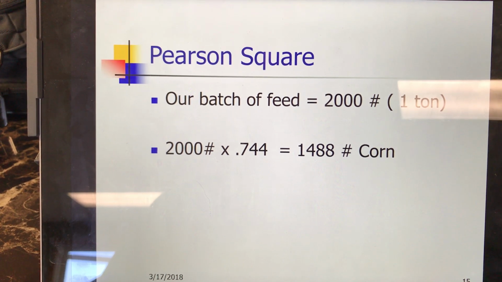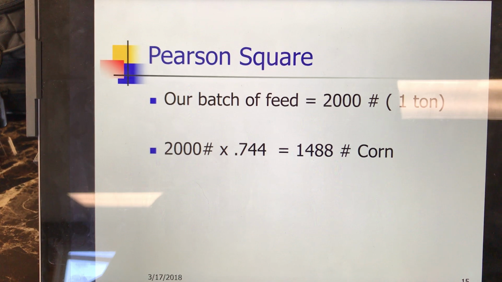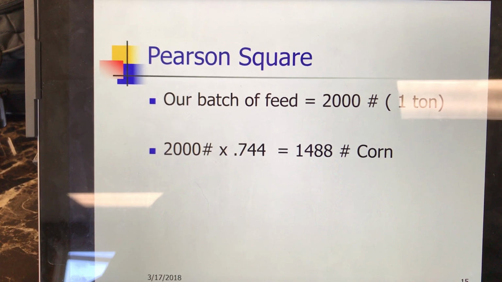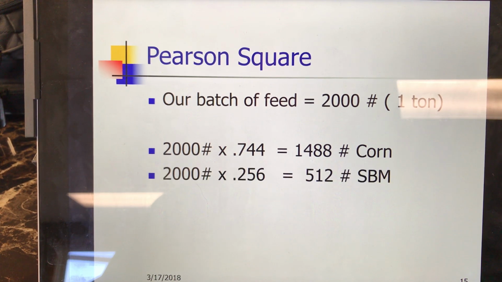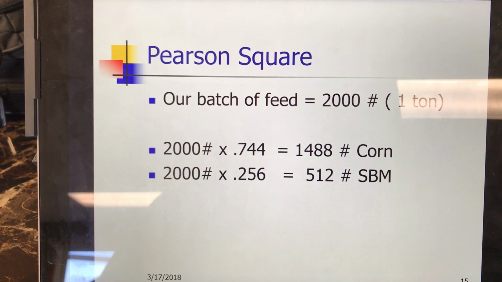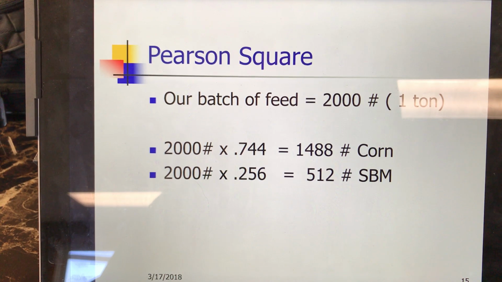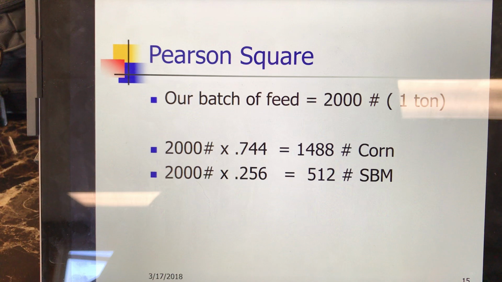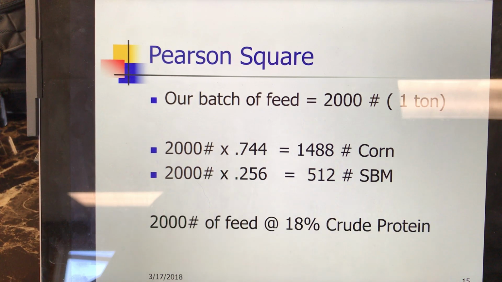We're going to take that 2,000 times 0.744, and that would equal 1,488 pounds of corn out of 2,000 to make sure that we get the right crude protein percentage that is desired. Same thing here, taking that 25.6%, turning it into a decimal, multiplying that by 2,000, which will give us 512 pounds of soybean meal.